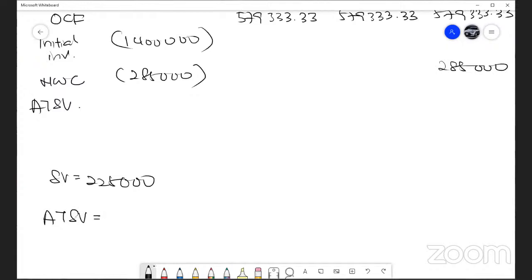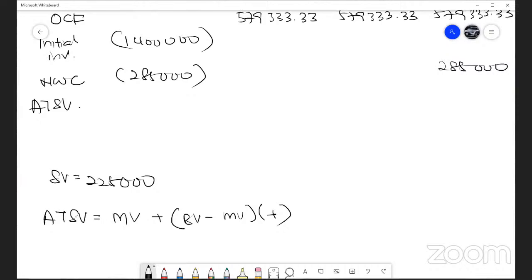It's basically the market value plus the book value minus market value, multiplied by tax. Book value is 0 here.